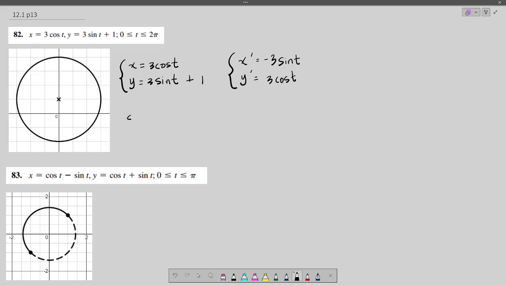So arc length, we'll call it L, not just S. Some books call it S, a little less. So we're going to go from 0 to 2 pi, square root of x prime squared, so 9 sine squared of t plus y prime squared, 9 cosine squared of t, dt.